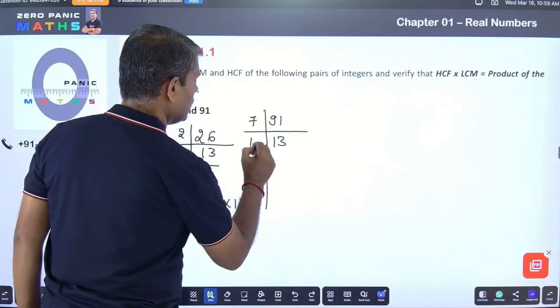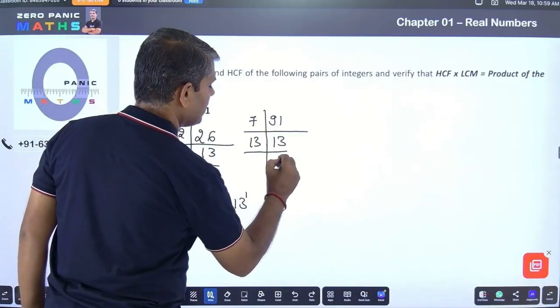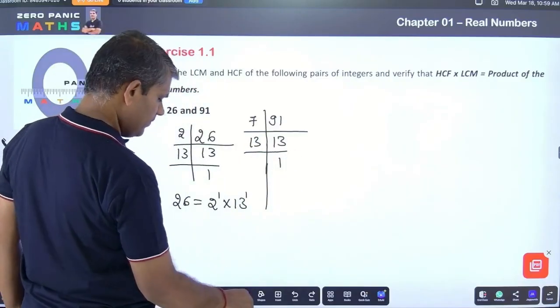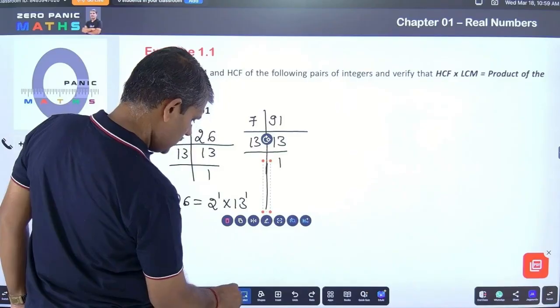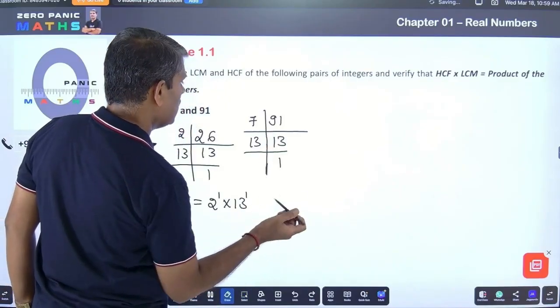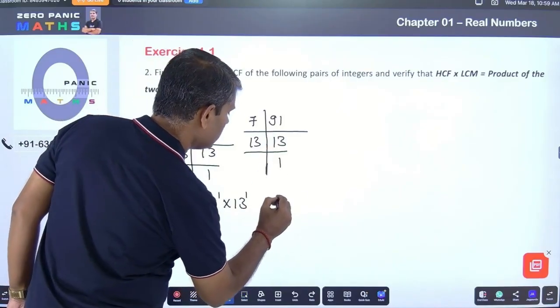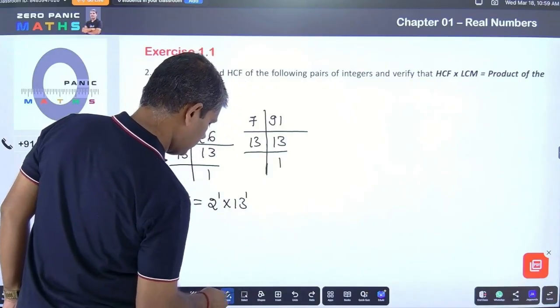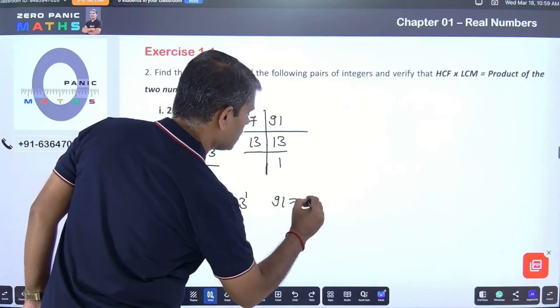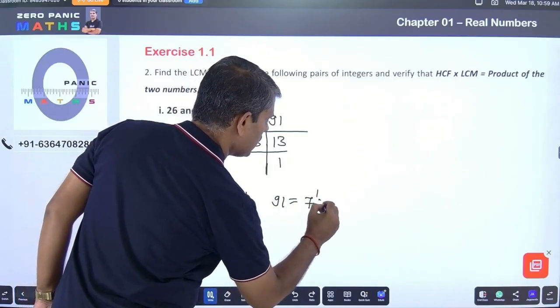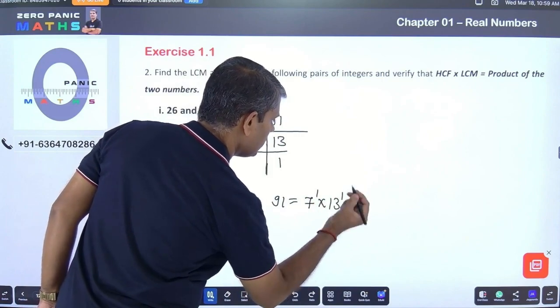So again, you got 13 and 13 ones are 13. Okay, let me erase this. So what is 91? 91 is also 7 to the power of 1 and 13 to the power of 1.